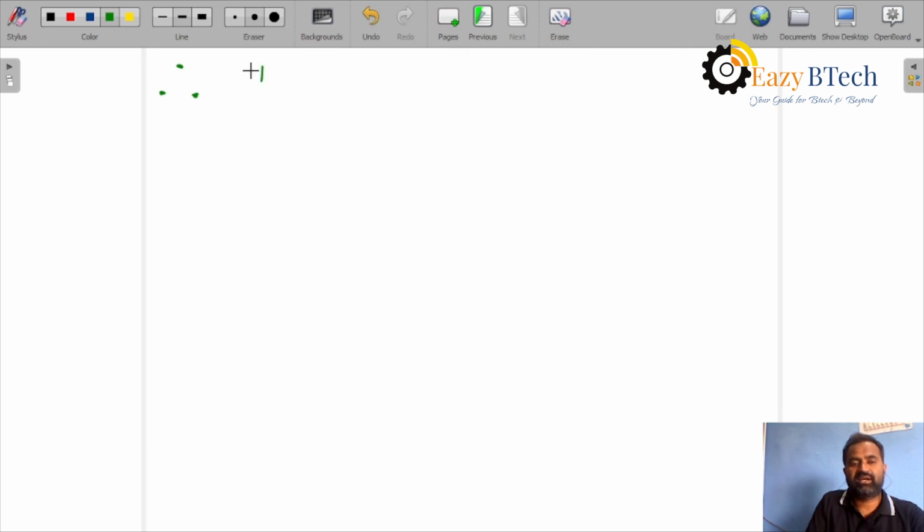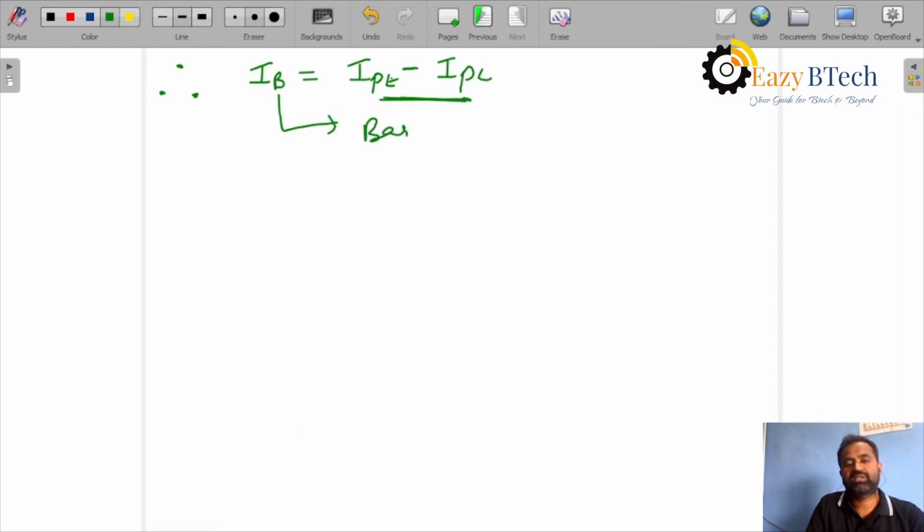the base current is the current leaving. From emitter to base, the entering current is IPE and the leaving current is IPC. From the base, this is known as the base current, the base recombination current.